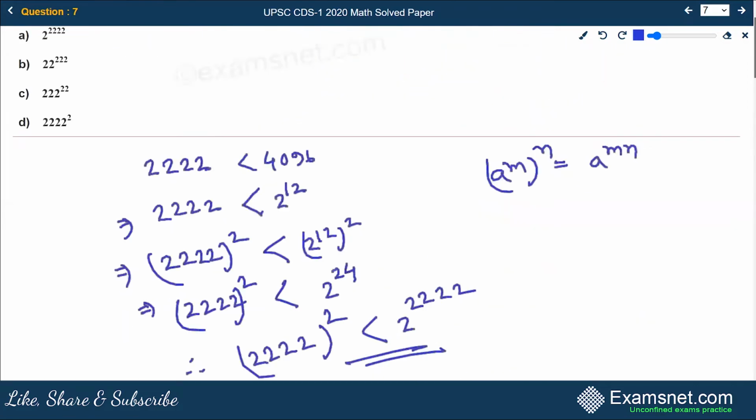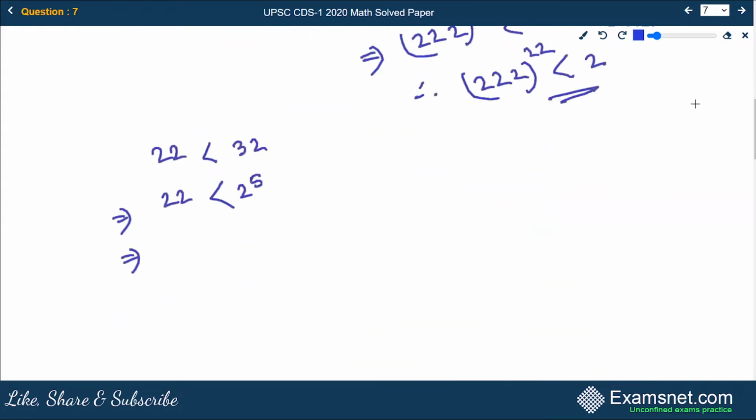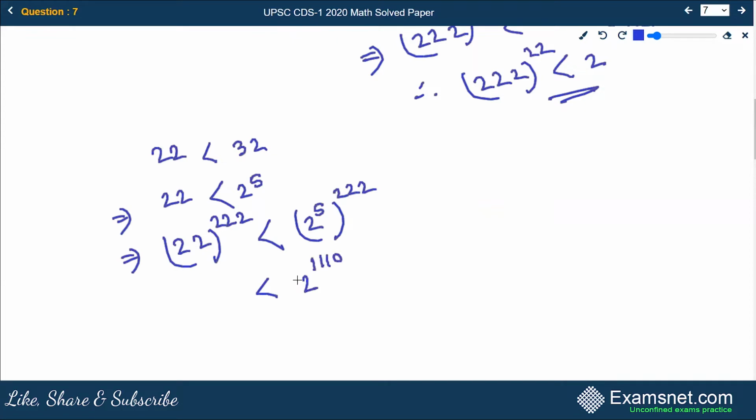Now we are given a number 22 to the power 222. So we will put 222 in the power on both sides. It will become 2 to the power 1110. It is greater than 22 whole to the power 222.